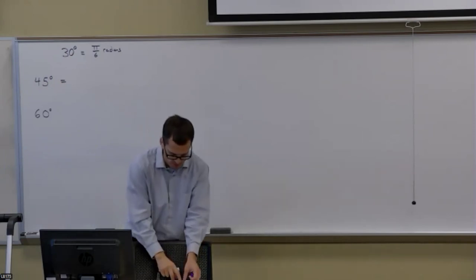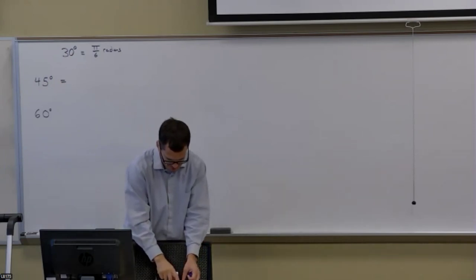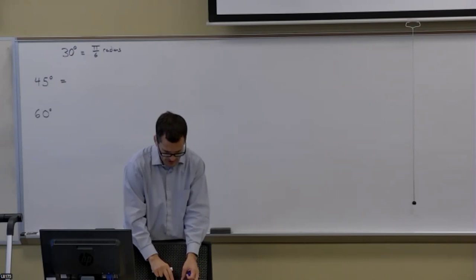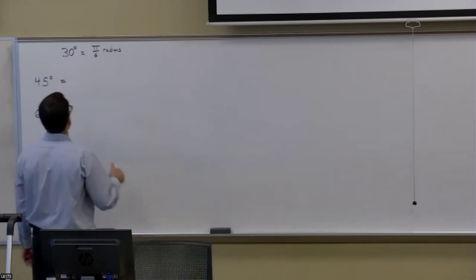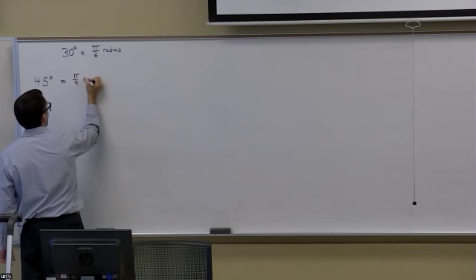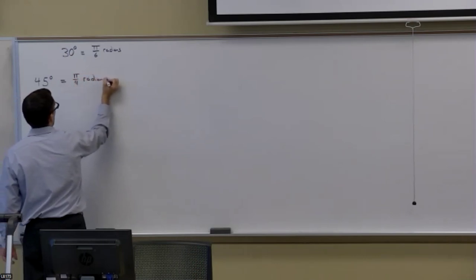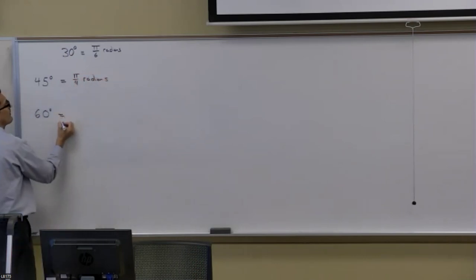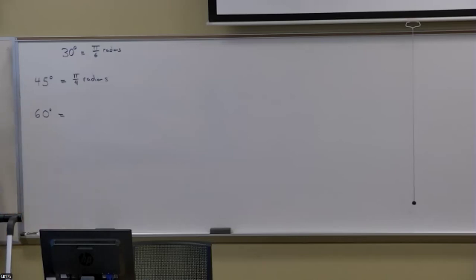45 divided by 180 is a quarter. So 45 degrees is pi over 4 radians. You can do 60 degrees in a couple of different ways. One is you can just say it's double 30 degrees.